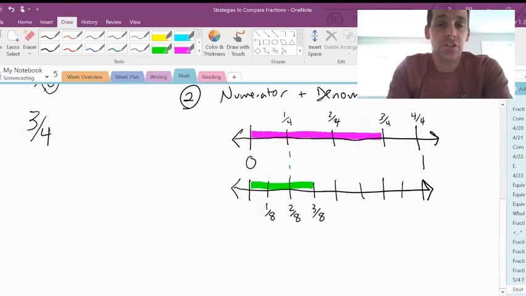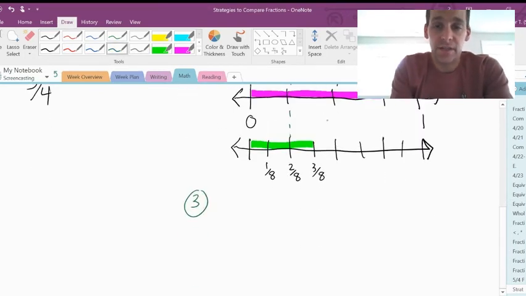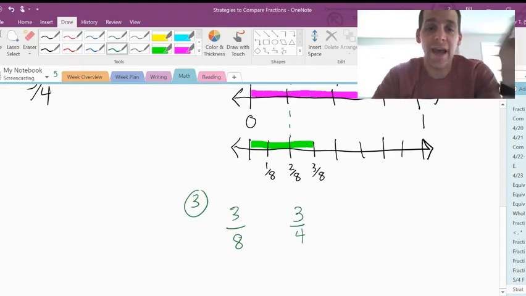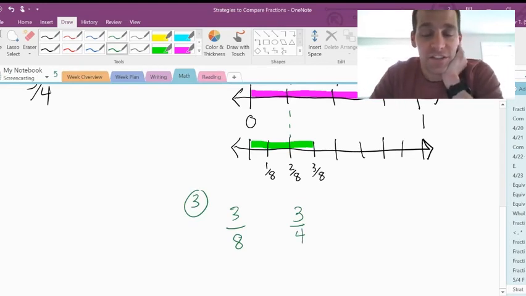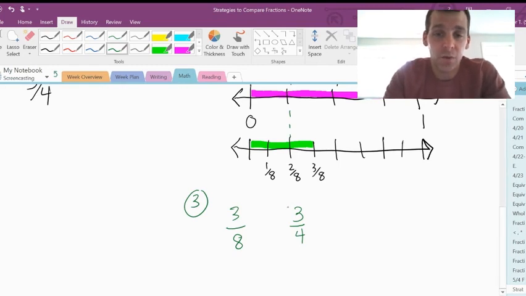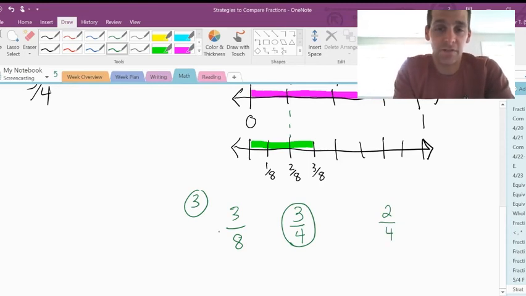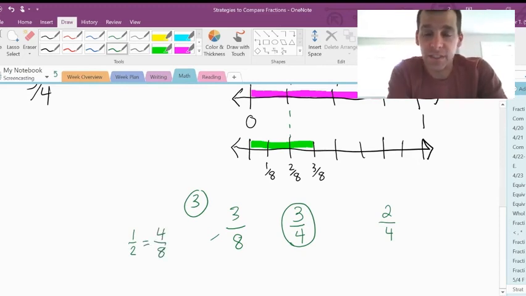The last thing you can start to do, and this can be very helpful if you're looking at your fractions and can tell you about what you know about them, is when I'm looking at my two fractions here, I can start to think about their relation to half and whole. In this case, I might start by looking at them and asking, are any of these greater than half compared to the others? Well, I already know that 3/4 is over 1/2 because 1/2 is 2/4. And over here, 1/2 would be equal to 4/8. I need four of those eighths pieces.